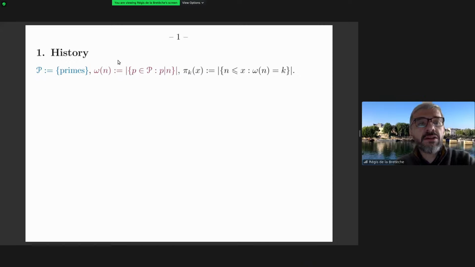So let P be the set of primes and omega of n the cardinality of the prime divisors of n. So P_k of x will be the cardinality of the set of integers less than x such that omega of n is fixed and equal to k.